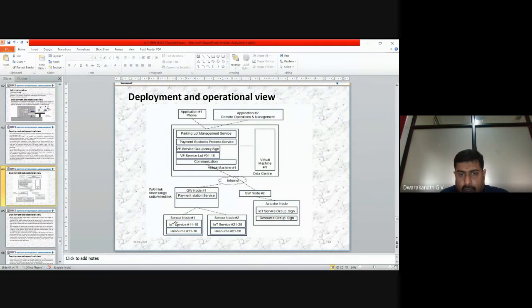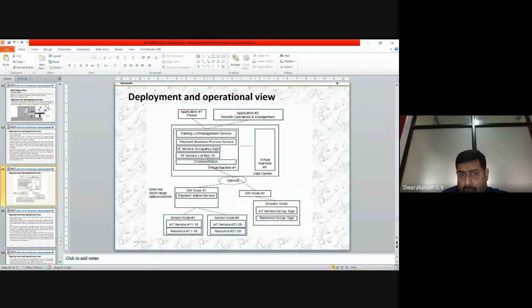You can see the IoT services here, and it is connected to the payment station service, and a gateway node will also be there with the sensor and actuator node. The occupancy is going to tell you.